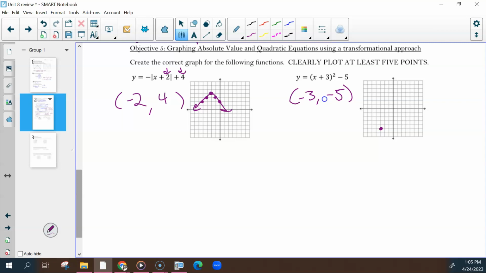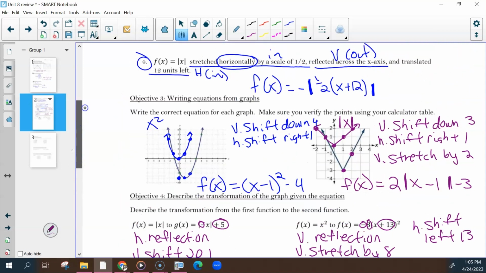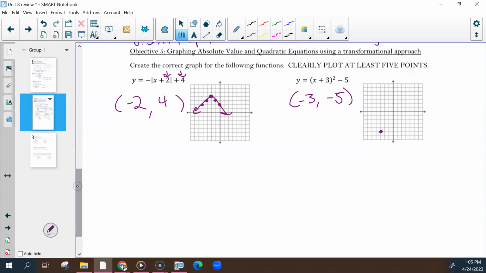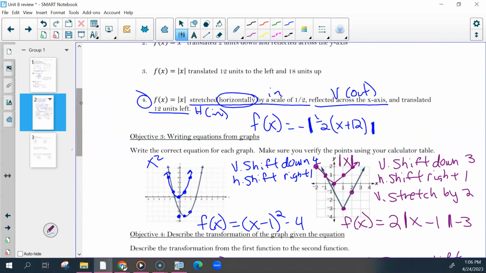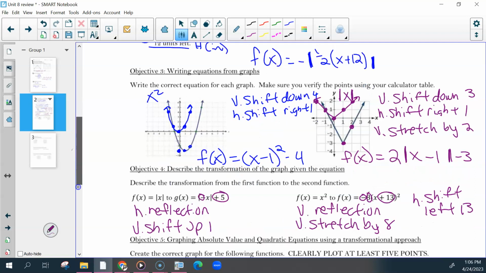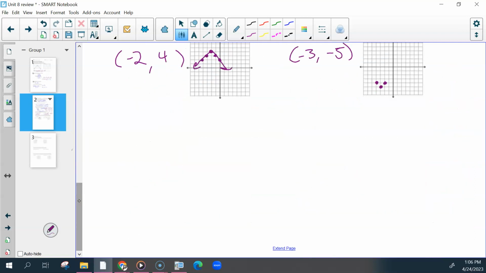So you can think about your parent function. We drew that up here. So it's going to go out 1 and up 1. And out left and right 2 and up 4. So 2 from your vertex, up 4. And then same thing on the other side.